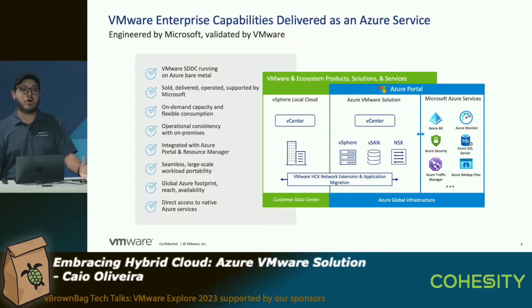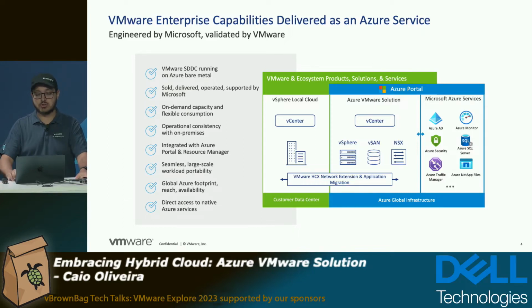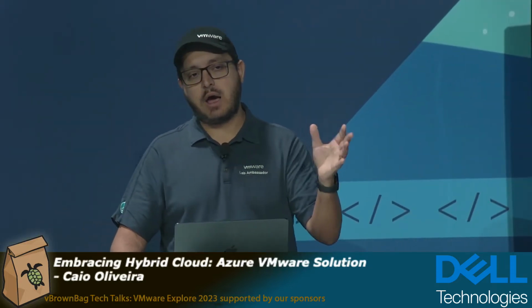The benefits as well, you're going to have access to all the Azure services. So all workloads that will be on top of AVS, Azure VMware Solution, can rely on or use those applications as well, right?